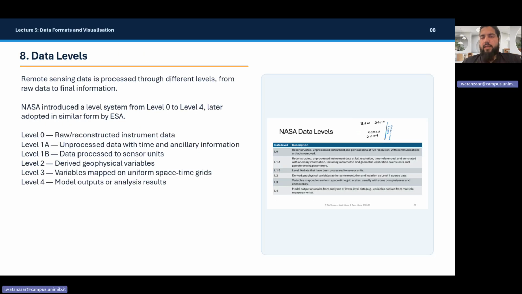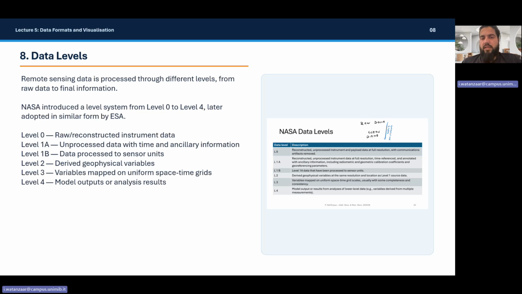Now we are discussing the data levels. Data levels were initially introduced by NASA, the National Aeronautics and Space Administration of America. They introduced a level system from level 0 to level 4. Later the same system was adopted by the European Space Agency, ESA.